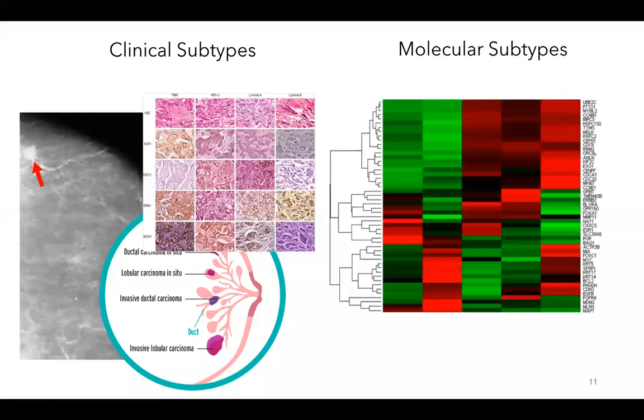Another way is molecular subtyping, which is looking into a whole set of genes. What scientists have done is create these panels. This panel is called the PAM50 panel. In here there are 50 genes, and what they do is check the expression of these 50 genes in the patient samples that they want to test.